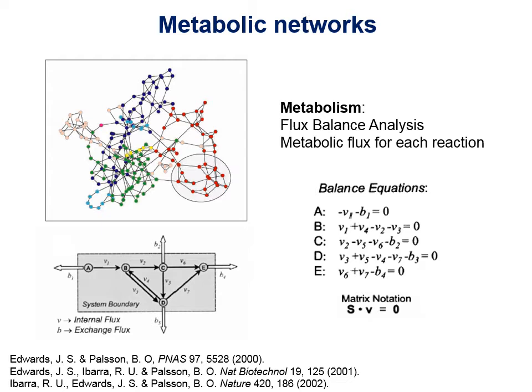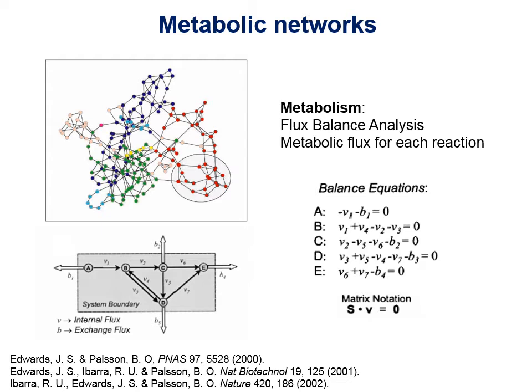Remember that I said that you can measure the relationships of these interactions. For every interaction of the network, you can measure, for example, the enzyme activity, or the correlation between two metabolites, or between two genes or two proteins, and so on.